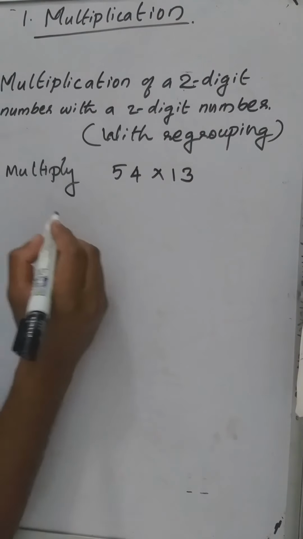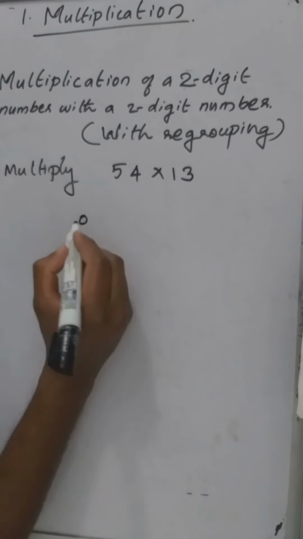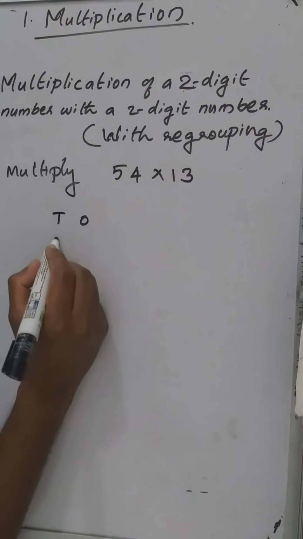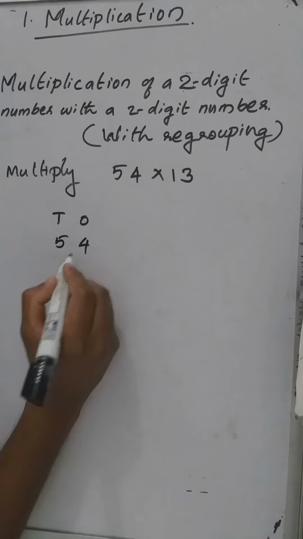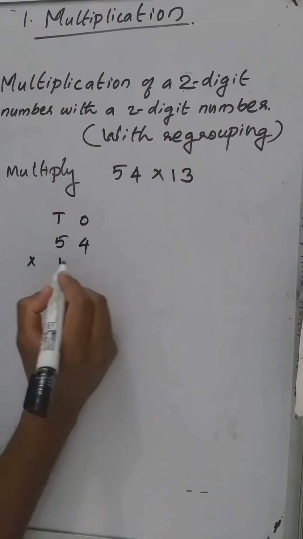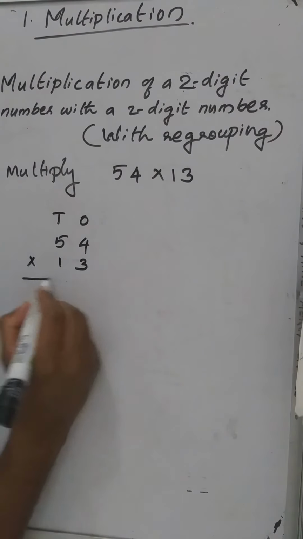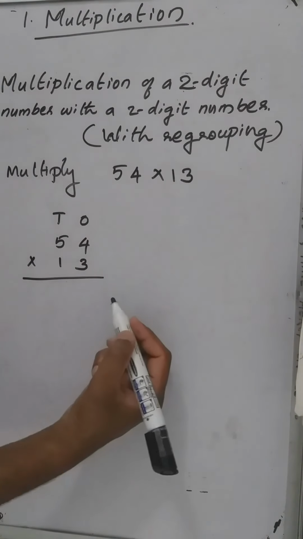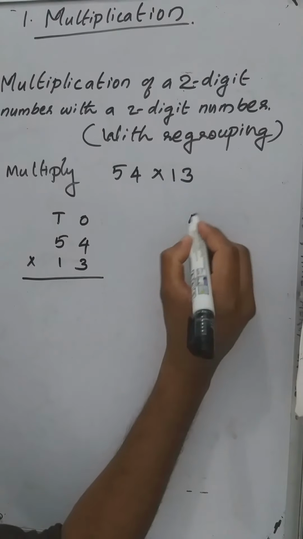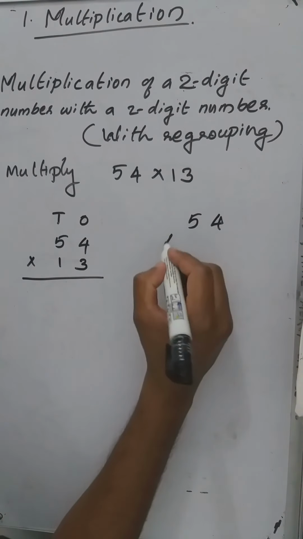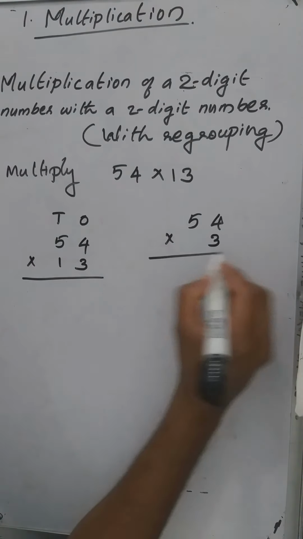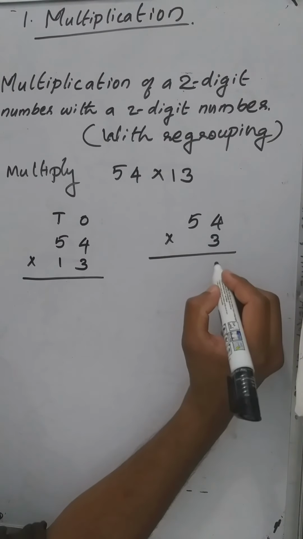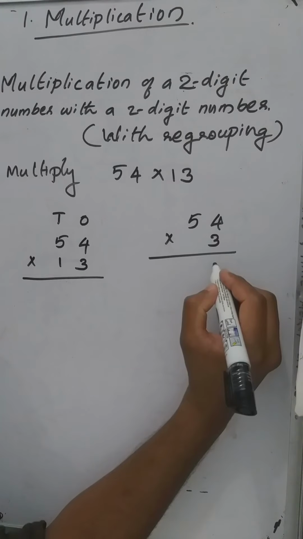So here first you have to write numbers, ones and tens. So 54 multiplied by 13. First you have to multiply 54 by 3. 54 multiplied by 3. So here first you have to multiply 4 3s are 12.